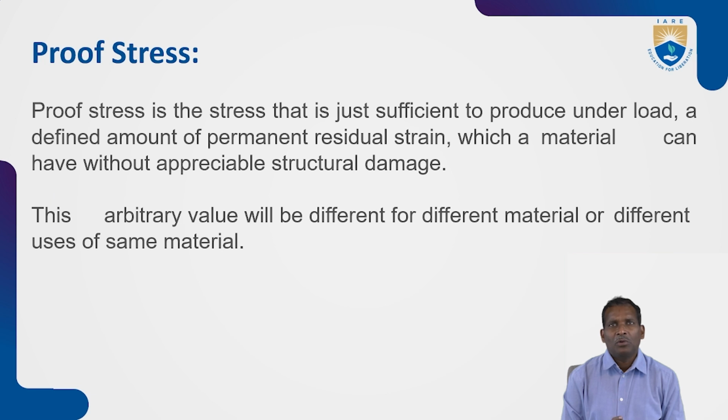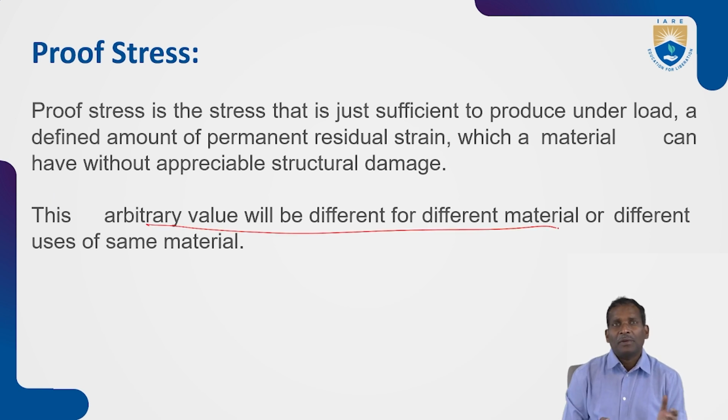This arbitrary value will be different for different materials or different uses of the same material. So this proof stress value depends upon the structure of the material and then the application of the material, the different uses of the same material.